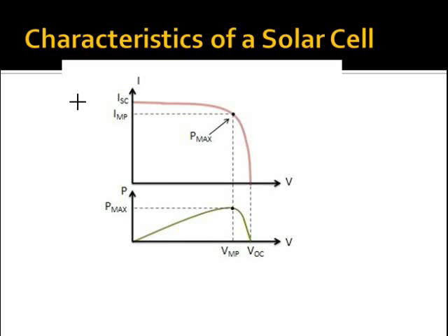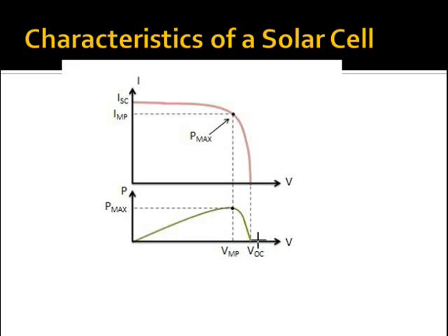ISC is nothing but the short circuit current, and VOC is the open circuit voltage. Short circuit current is the maximum current that occurs in a circuit at design conditions, and open circuit voltage is the voltage that occurs when the load is not connected.